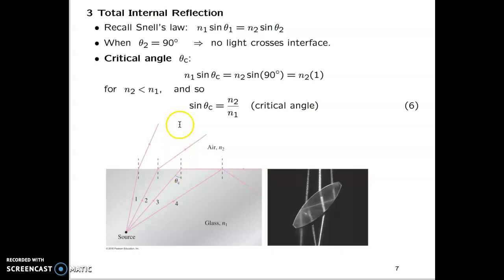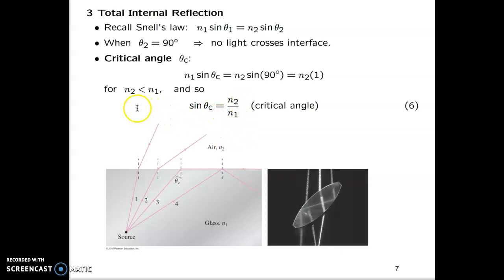If it's perpendicular to the normal, it means the angle is 90 degrees. The sine of 90 degrees is 1. So that means, if I divide each side by n1, the sine of the critical angle is simply the ratio of n2 divided by n1. So there we have it.